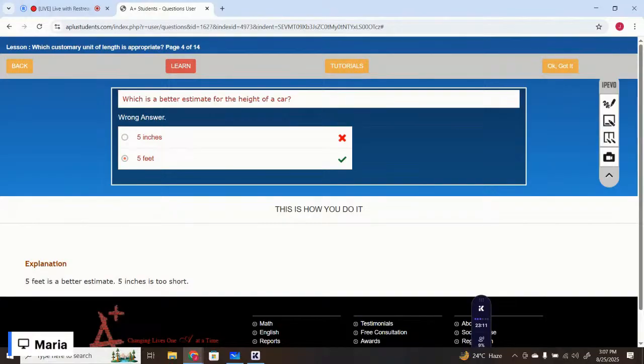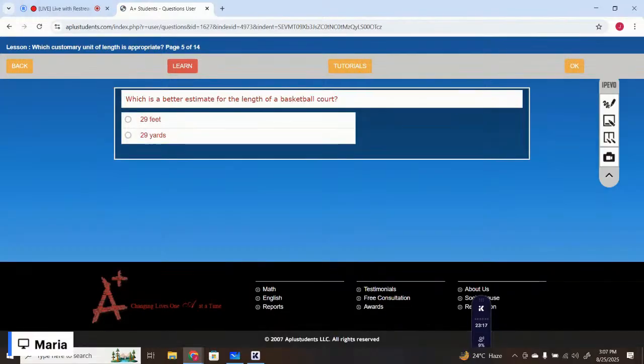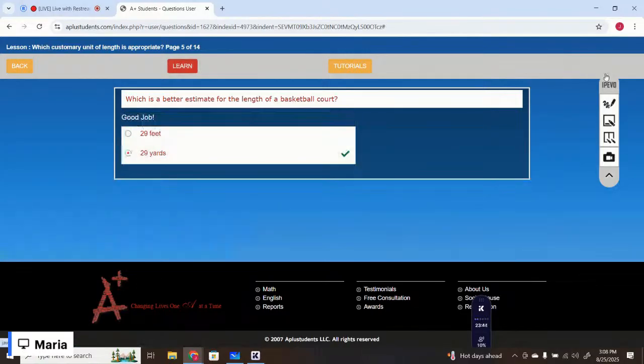Which is a better estimate for the length of a basketball court? The length of the basketball court would be 29 yards. I think 29 yards is 9 feet. Yards.